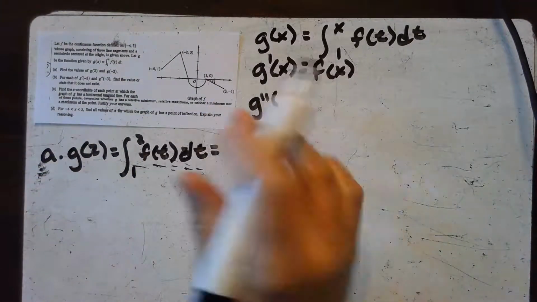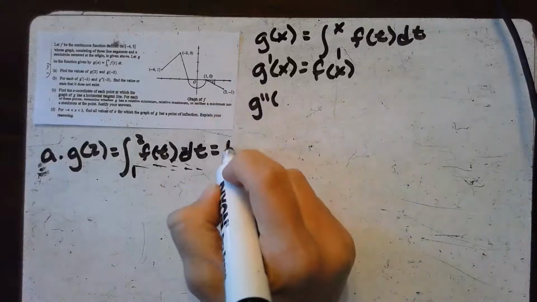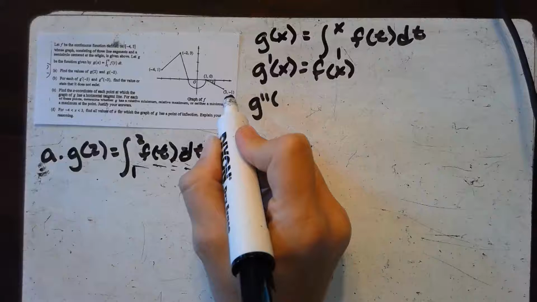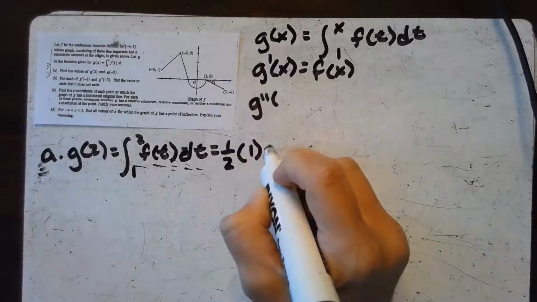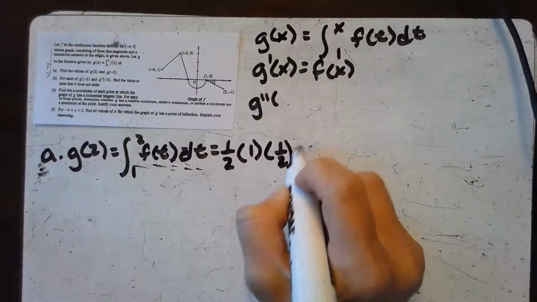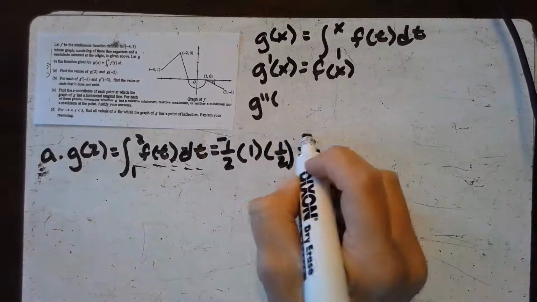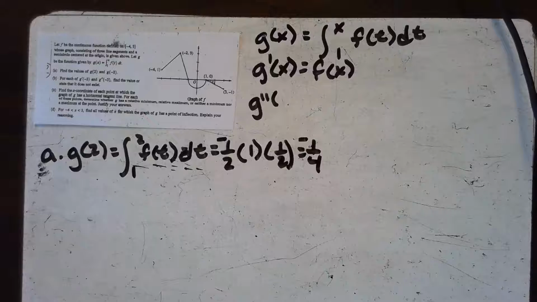Area of a triangle is 1/2, the base is 1, and the height, if this goes all the way down to -1, that's halfway, so that's just 1/2. So it's 1/4. Okay, and what did I forget? It's negative because it's below. So be careful about that. If it's below the x-axis, it's negative.